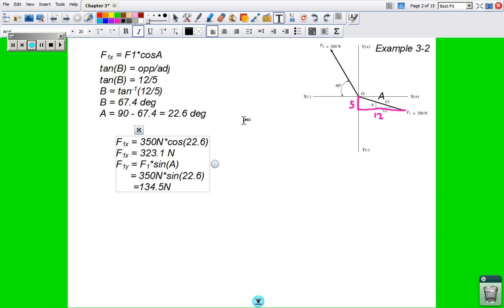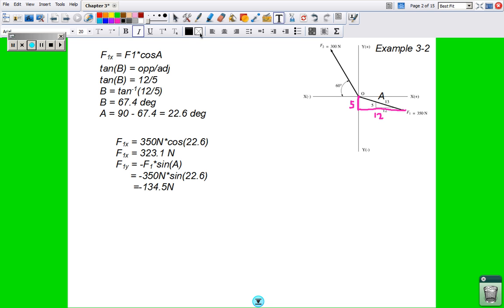Okay, now also remember that while this was in a positive x direction, the y component of that force is negative. So we need to be sure that we keep track of that negative, and we put it in. It's going in a negative y direction. Right? And so now we've broken our first force into components.